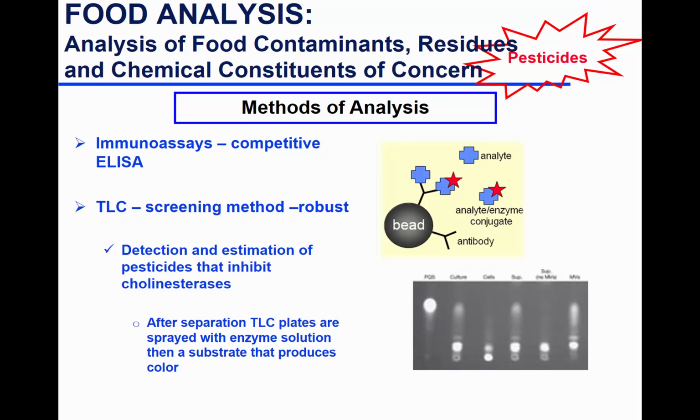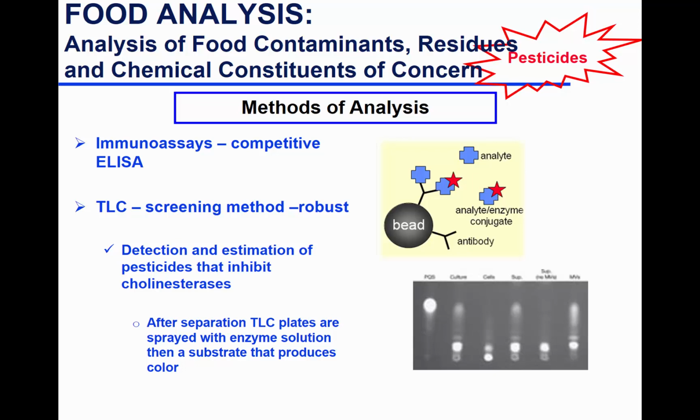on the TLC plate, then you spray the plate with enzyme solution. The enzyme is a specific enzyme that is inhibited by pesticides. That's how the insect or pest will die.